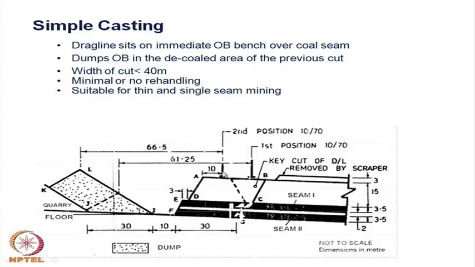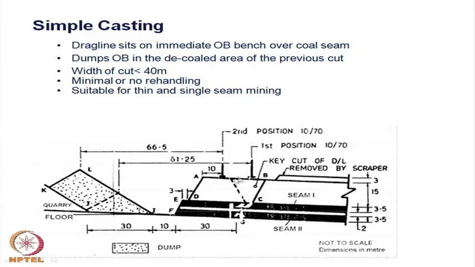You can easily develop a relationship with the bench height, the bench slope angle, and the swell factor, and from there you can easily write some code to draw different types of balancing diagrams for different situations.